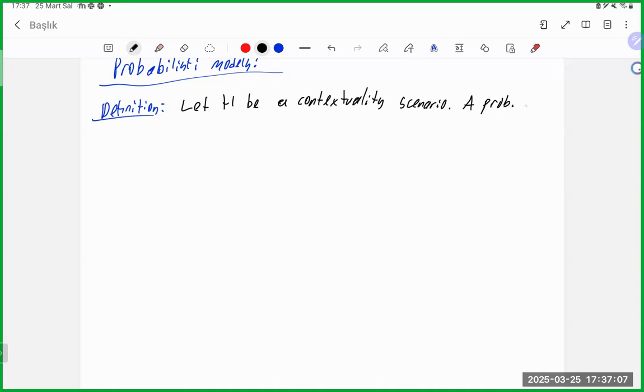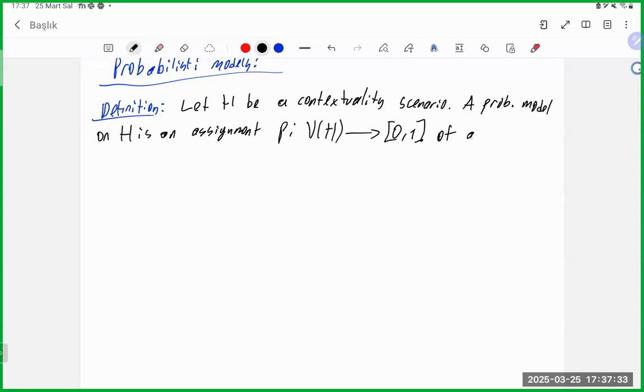A probabilistic model on this contextuality scenario is an assignment p, which assigns to each vertex, each element of the set of vertices, a probability.